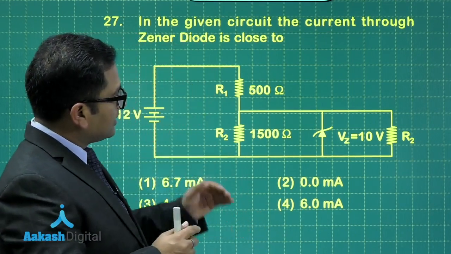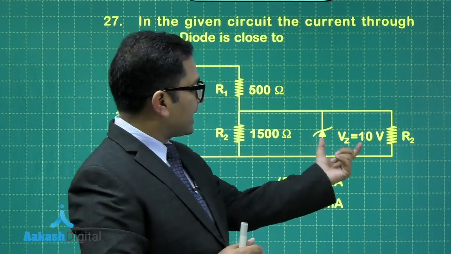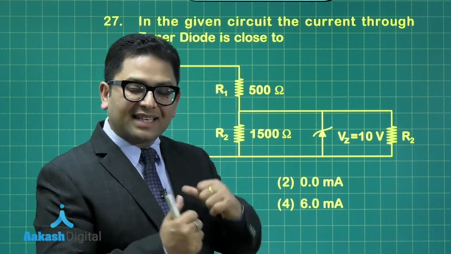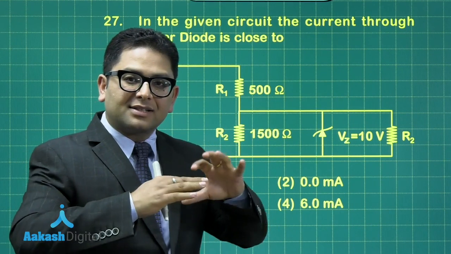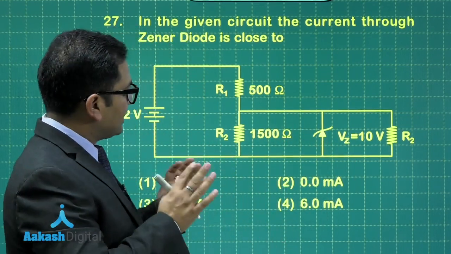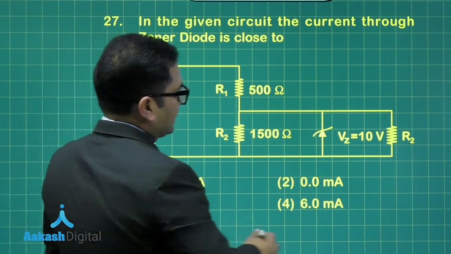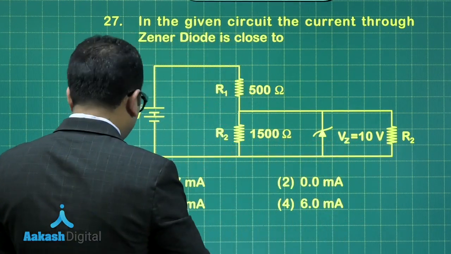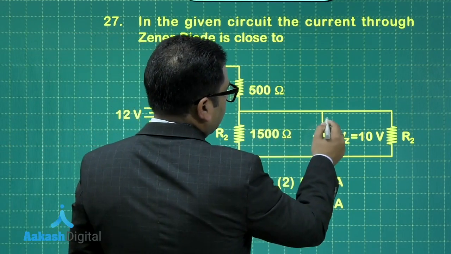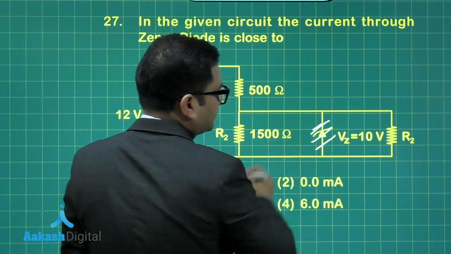But this time the Zener diode is there whose breakdown voltage is 10 volt. So as long as the applied voltage is less than 10 volt, the Zener would not have reached the breakdown. So let's try to calculate; say this is R2, this is R2, both the values of resistances are same. So initially, let's assume that there is no current through this part.